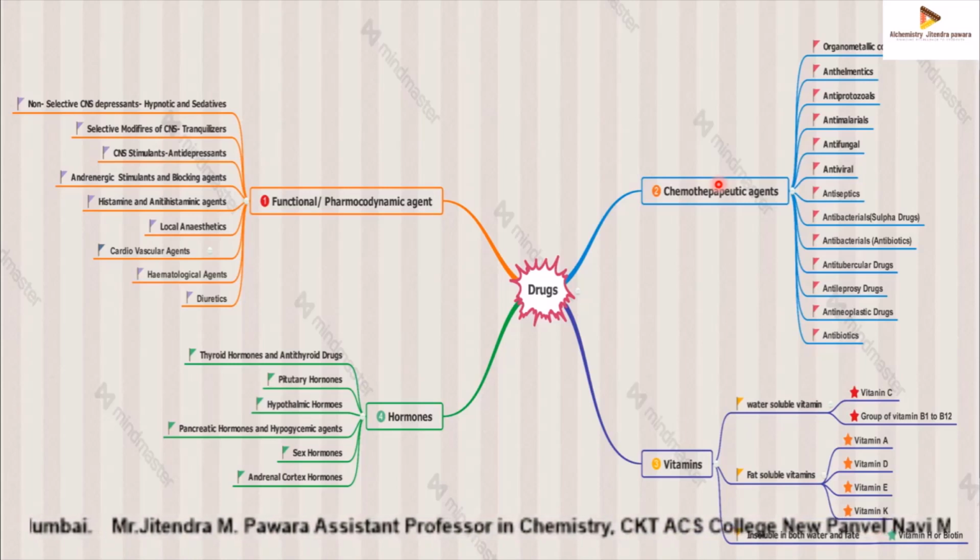These chemotherapeutic agents are further divided into the following types, based on the causative organism which they destroy and the disease which they cure.